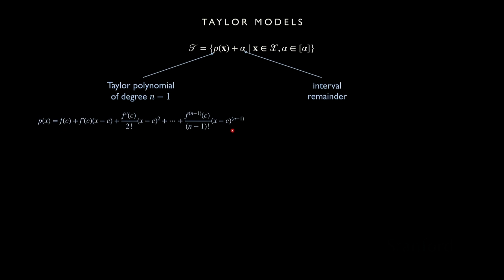It's just the terms of the Taylor polynomial up to n-1. And then the interval remainder, which I'm not deriving here, I'm just telling you that this works. It involves the inclusion function for the nth derivative of the function. So we're passing intervals through the nth derivative, and that gives us the remainder. Sometimes this is called the Lagrange remainder.